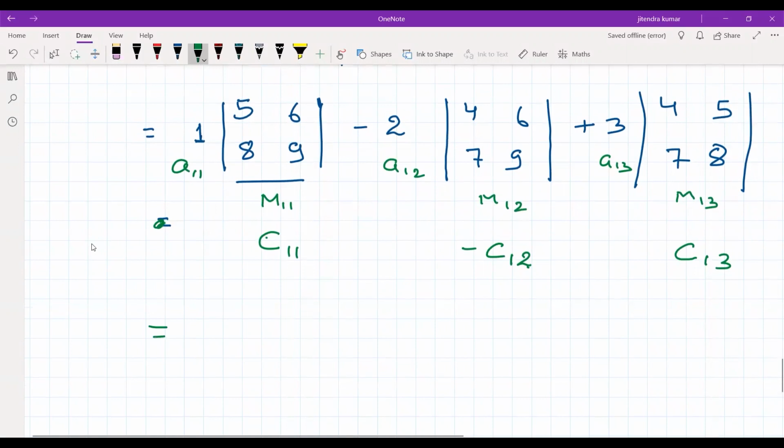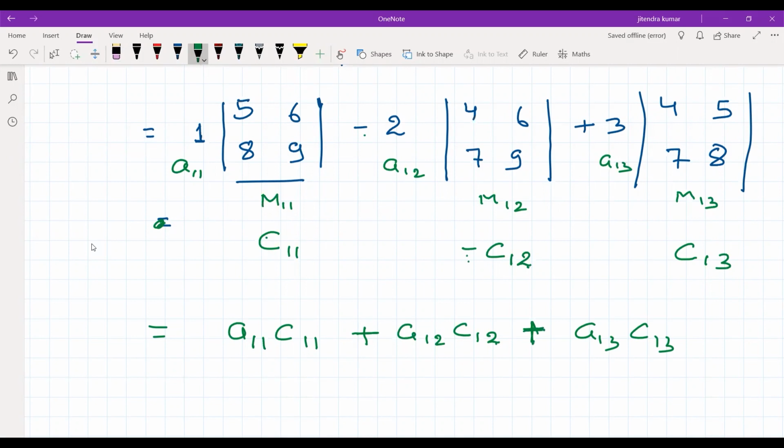Now we can write it like this: A11 into C11. Here there is a negative sign, and this is also negative, so let's take it positive and write A12 into C12, and plus A13 into C13.